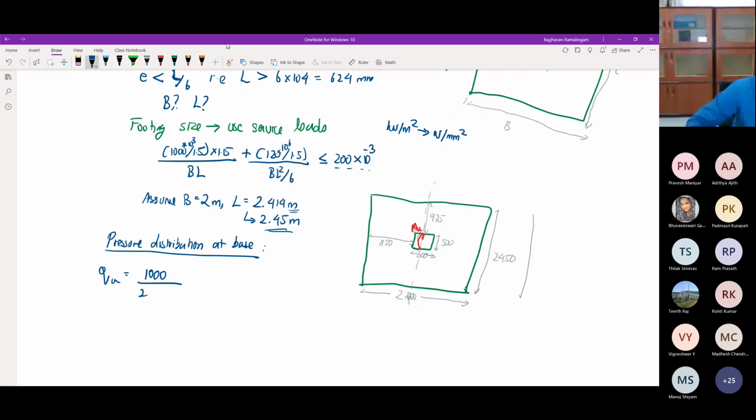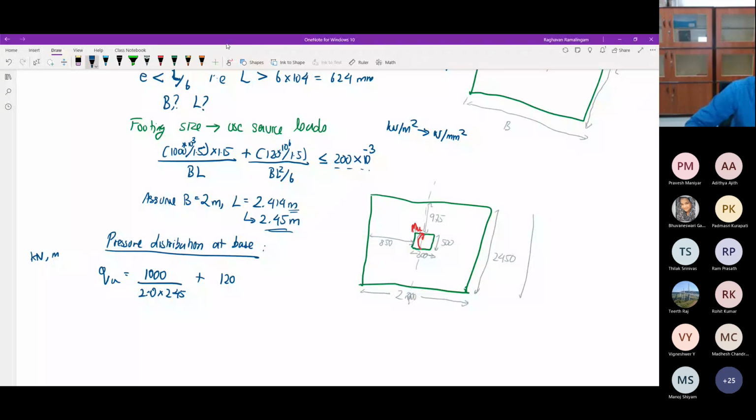So P by A, which is breadth 2.0 times length 2.45, plus 120. Let me retain everything in kilonewtons and meters. 120. This is 1000 kilonewton.